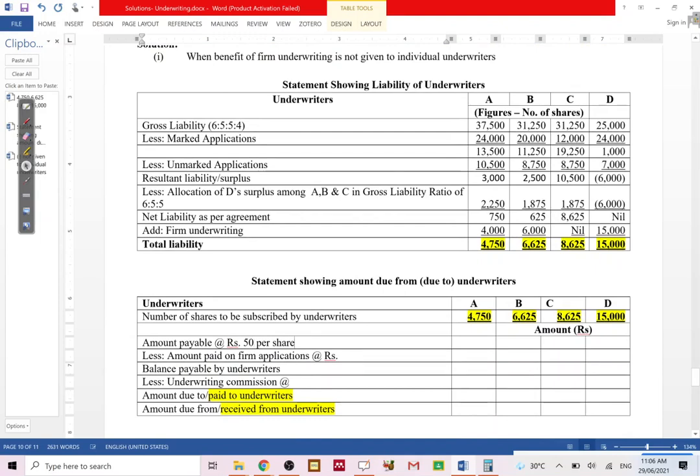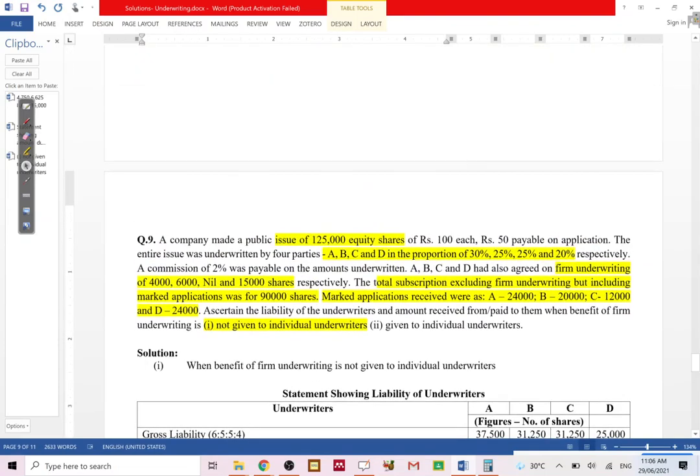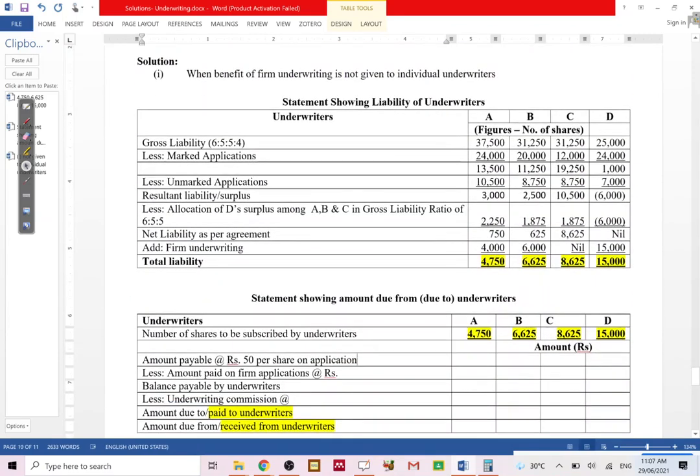Is this clear to you? We are assuming that at this point it is application money. We don't know the allotment money. Like in the previous example, we had taken both application plus allotment, but in this problem, the allotment money is not given to you. So just the application money is to be considered.